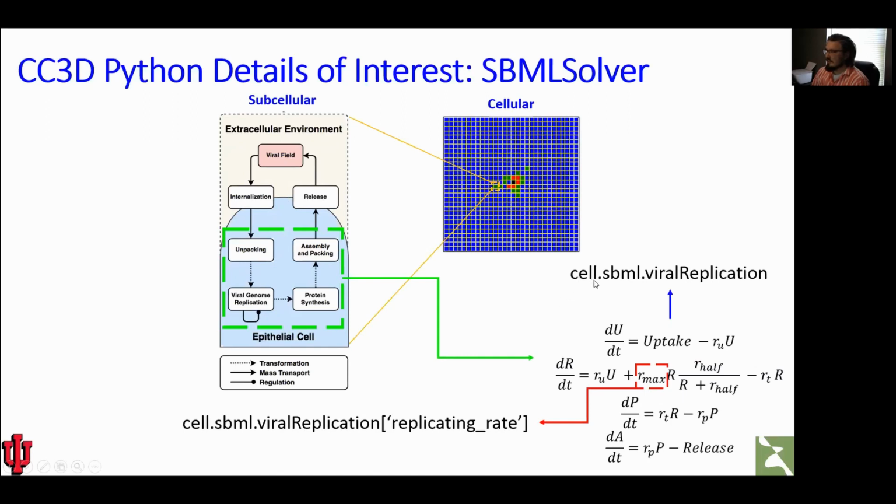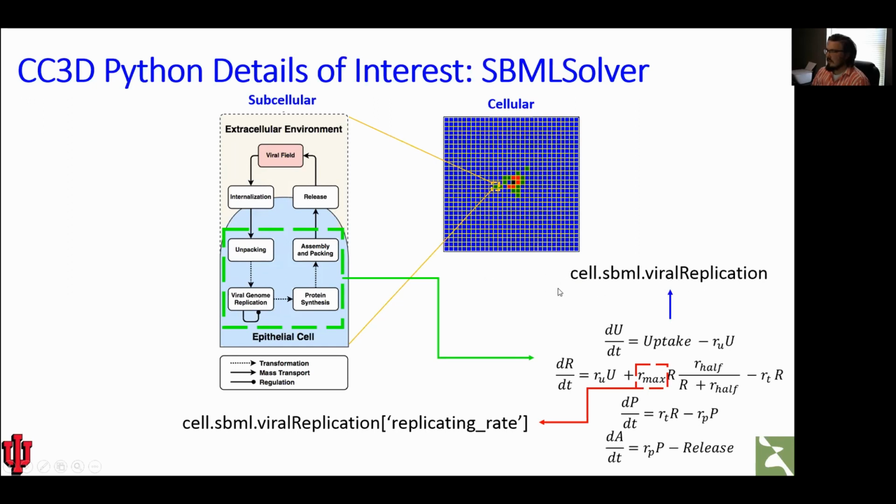Now, the cell.sbml solver that's attached to each cell can then be used to access the instance of the viral replication model for the particular cell. And in this case, for the simulation framework, the name of the viral replication model is shown here to the right.